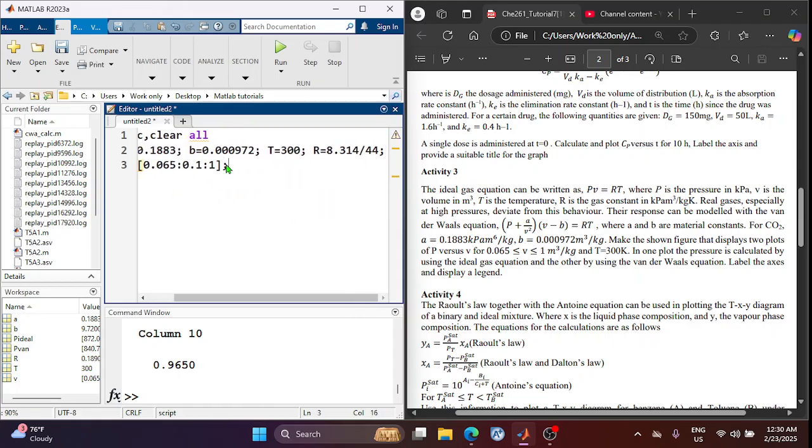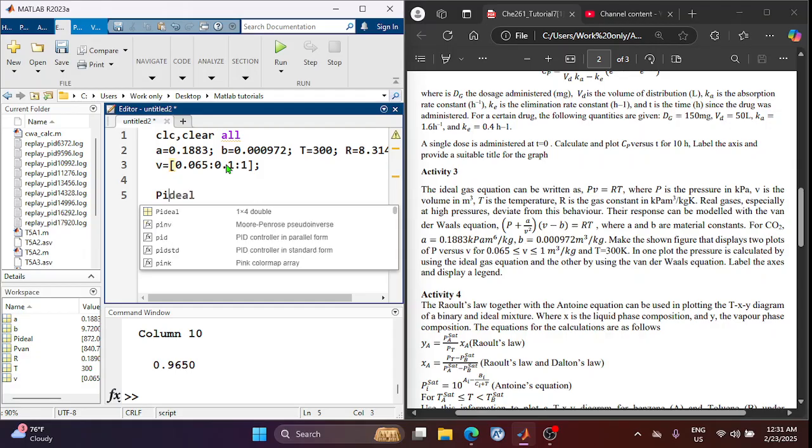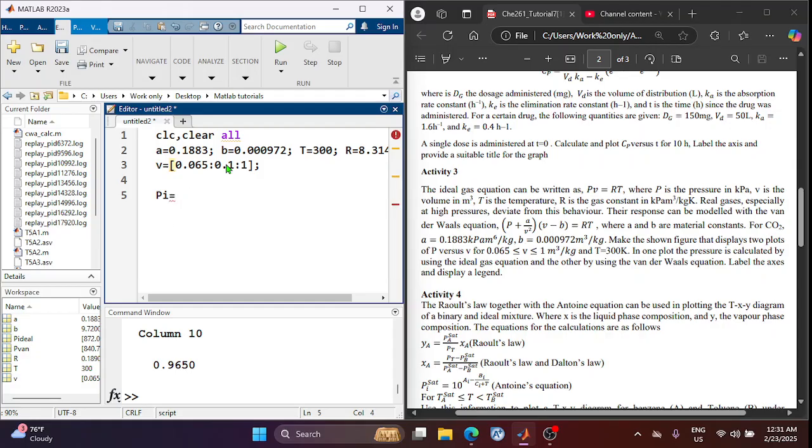Let me put the clear functions up here so that it will clear the screen when we run the script. Okay, now for the pressures, for the ideal gas equation, let me just type Pi for ideal, and this is going to be equal to R times T dot over V. It's dot over V because with V we are having a range of values. So we have to put a dot before the division operation sign, right?